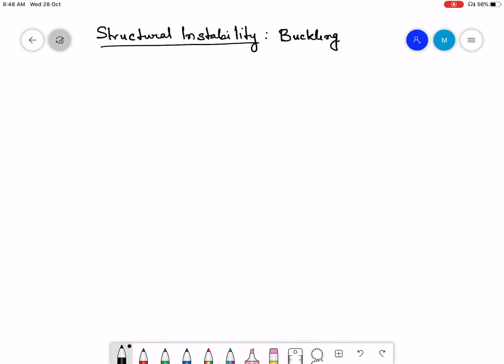With this lecture, we will move into a new concept, which is the idea of structural instability. So, all this while in the course, we have mostly talked about the stress and strain that develops in a structure due to an applied load.